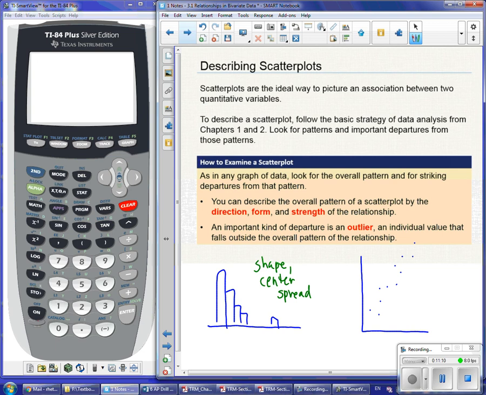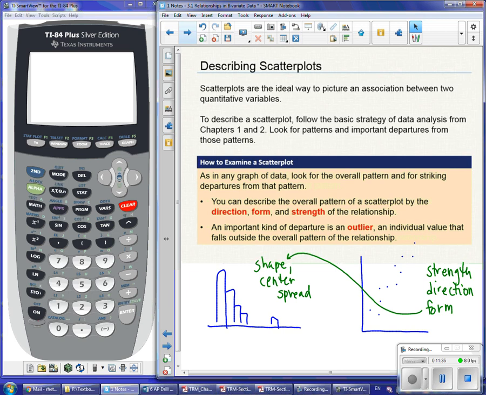In this case, we're going to be looking at the strength, the direction, and the form. And the form kind of goes along with the shape of a histogram in the sense that we're looking to see basically if the relationship between the two variables is linear or not. And so those are the three characteristics that we describe.